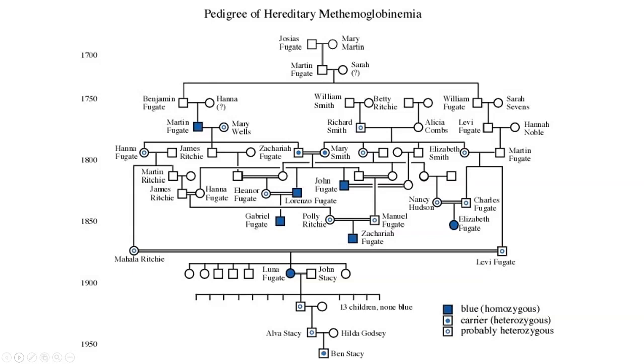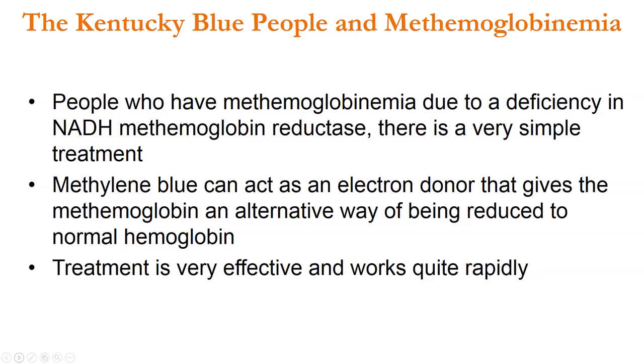It still exists, actually, in this population, but there's an easy treatment for it. So if somebody had the condition, you would no longer know, because you could just use methylene blue. Very easy chemical to come by. We have this in the lab.